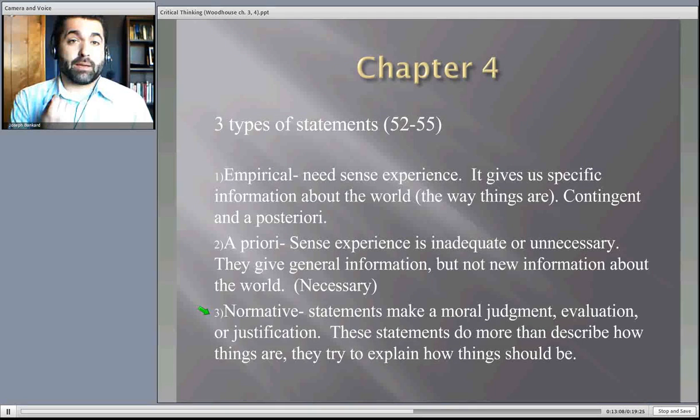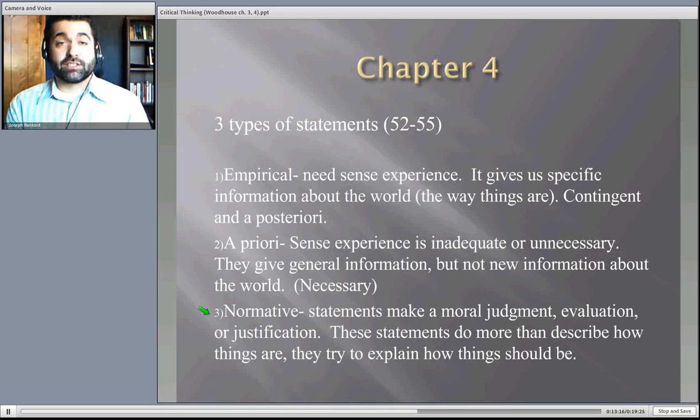So if I say this man is immoral, that's a normative claim. I'm making a moral judgment about that person. If I say Osama bin Laden is evil, I believe that was in the textbook, that's a normative claim. I'm making a moral judgment.